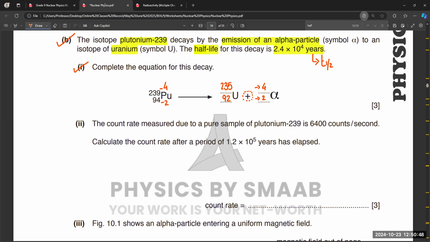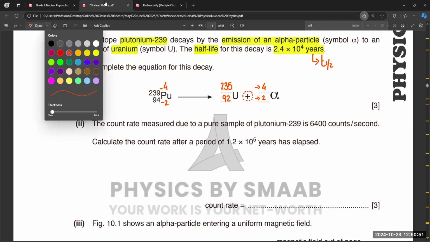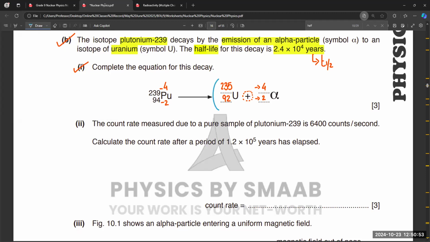When we balance the equation, it means the right side must be equal to the left side. If we consider the left side, we have the number 94. So the 94 will be shared between U and alpha. Two is already taken by alpha, so the rest, 92, will be taken by uranium. 92 plus 2 is 94.